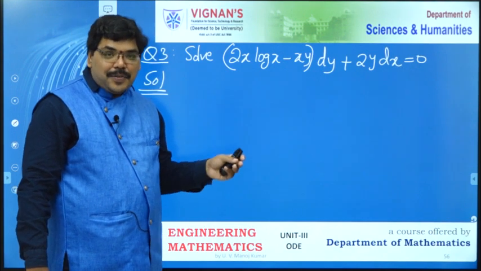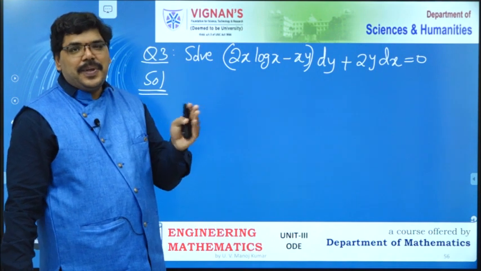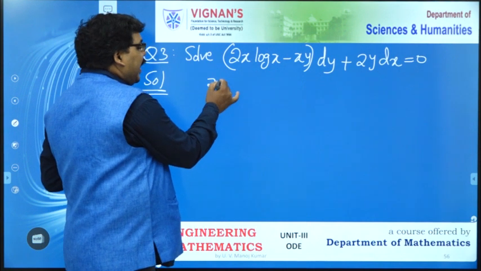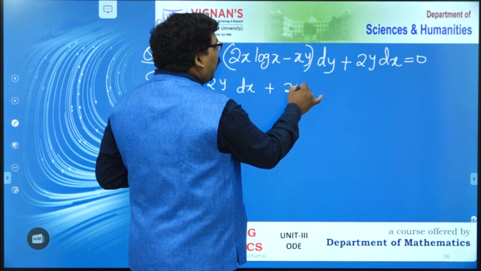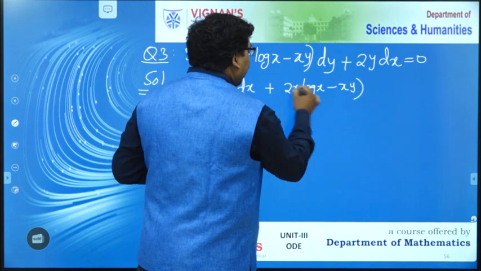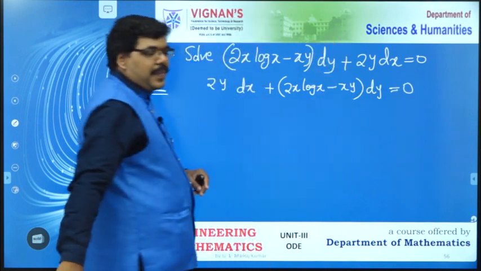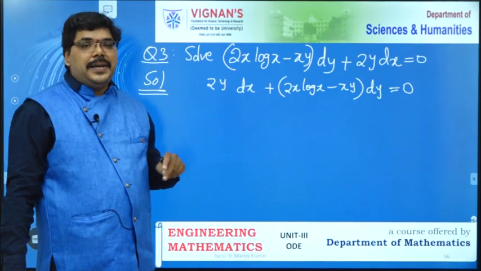You should write it in the form of m dx plus n dy. Dx should be written first. So, rewrite it as 2y dx plus 2x log x minus xy into dy equals to 0. You put it in the form m dx plus n dy equals to 0.